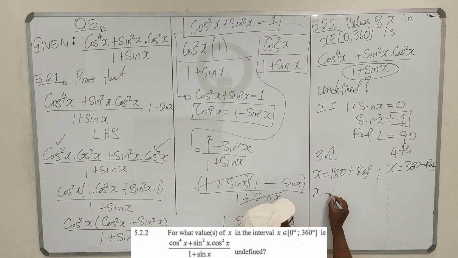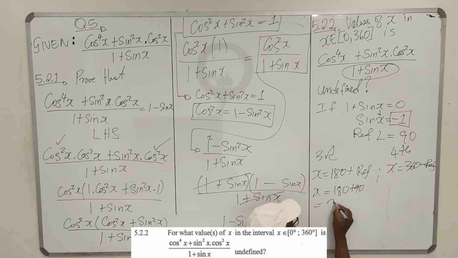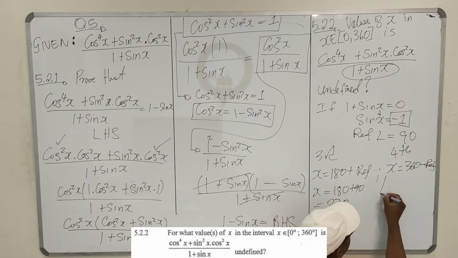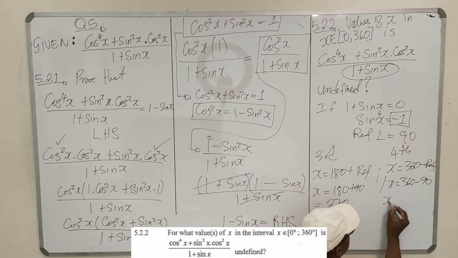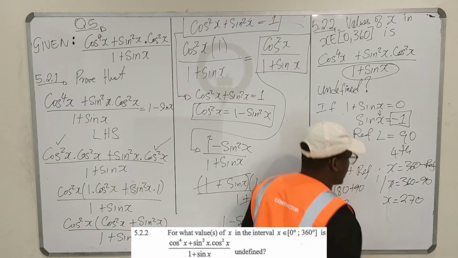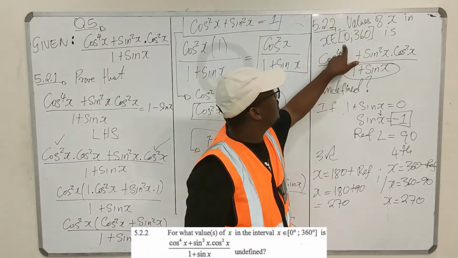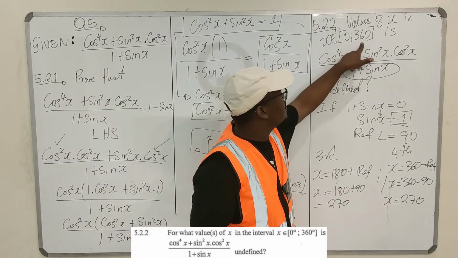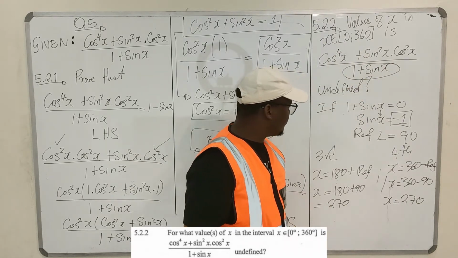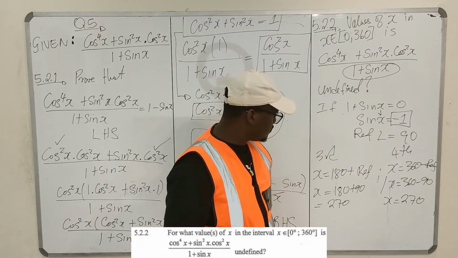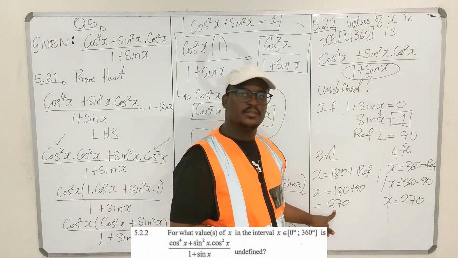So x is equal to 180 plus 90 degrees, which is 270, or x is equal to 360 minus 90 degrees, which is the same 270. Which means on this interval from 0 to 360, this will be undefined at x equal to 270.